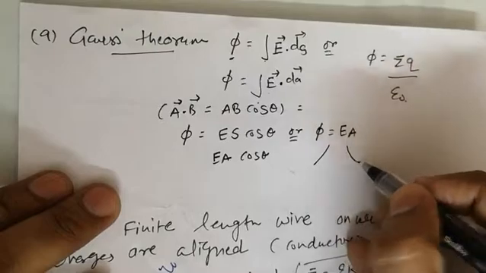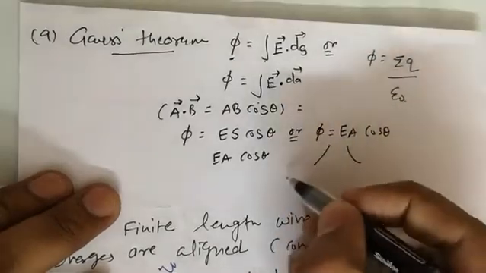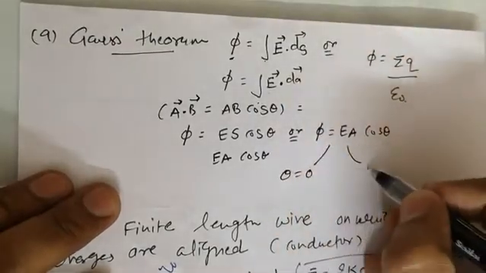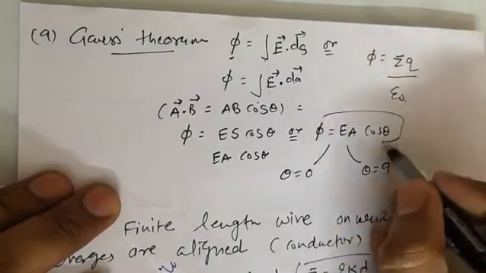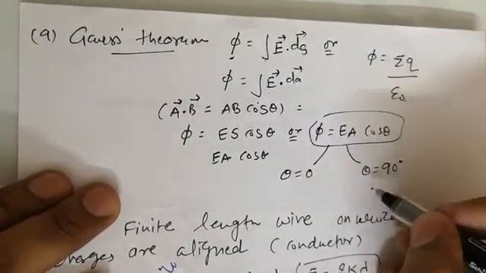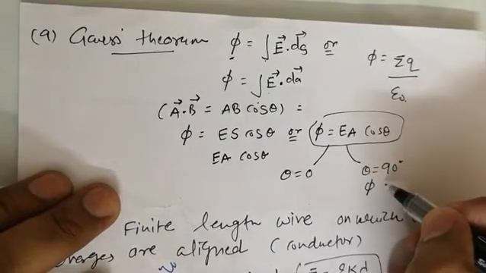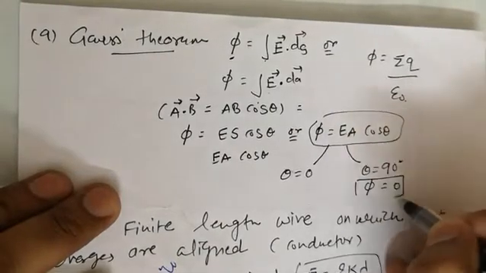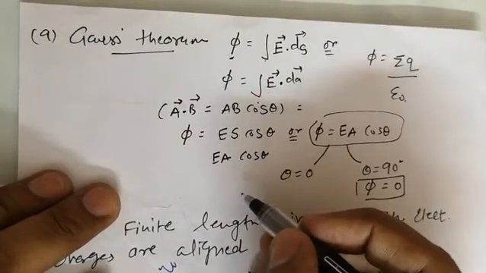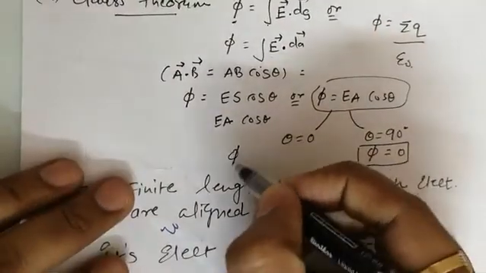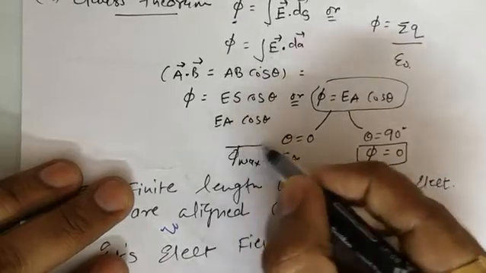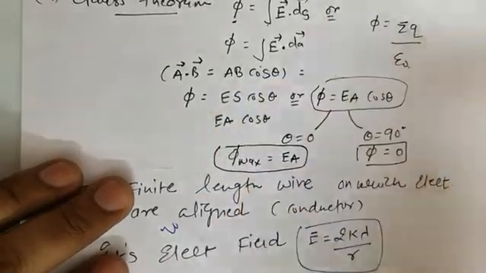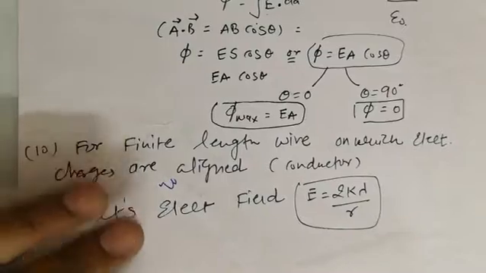There are two cases. If theta equals 90 degrees, you are aware that there is no flux, because cos 90 is 0. Whenever theta equals 0, our flux is maximum: phi equals EA. It is called the maximum flux. Such a thing should be kept in mind.